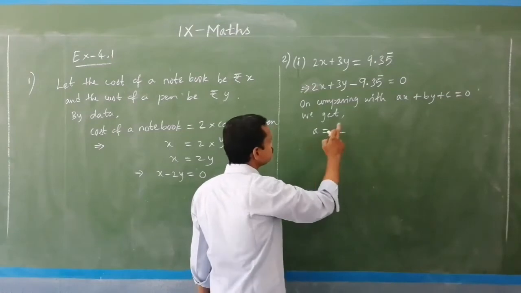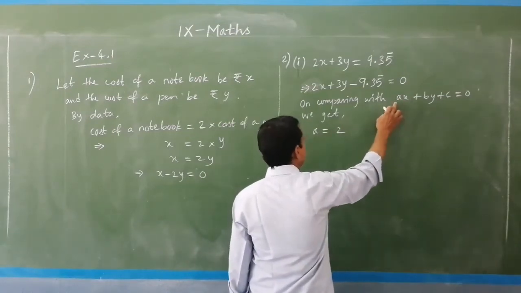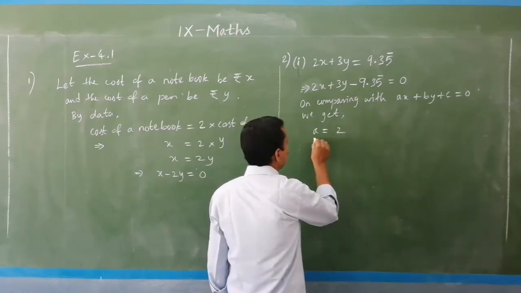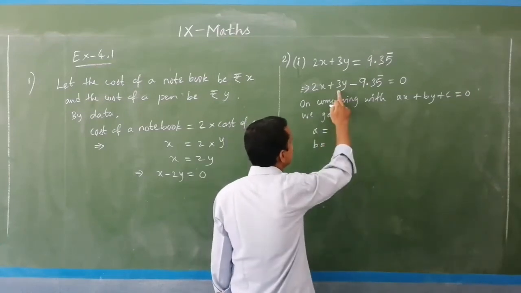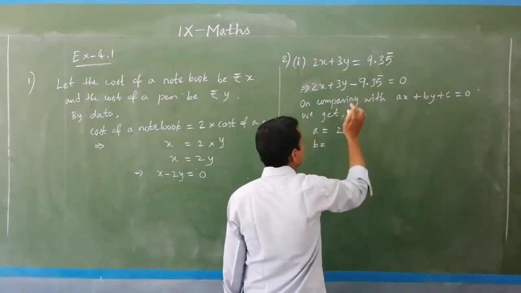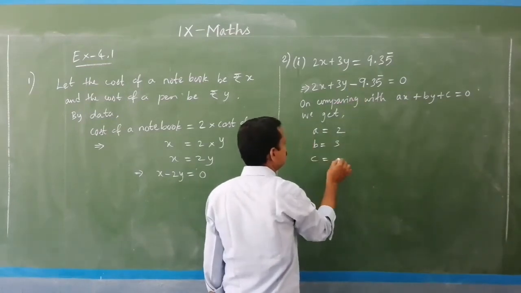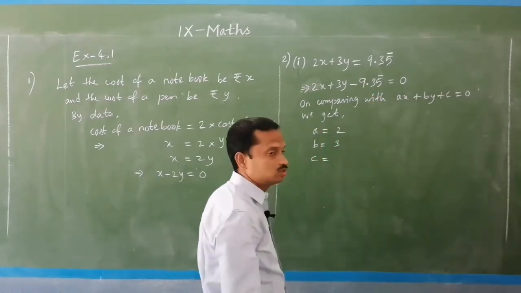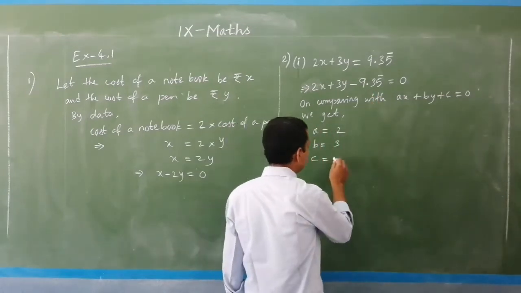Ax, so the x coefficient is A, and here the x coefficient is 2. B equal to 3, and instead of C, that is a constant, here we have minus 9.35 bar. Do not forget to put minus.